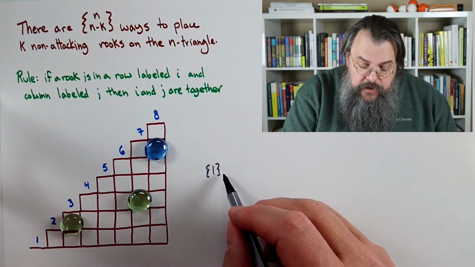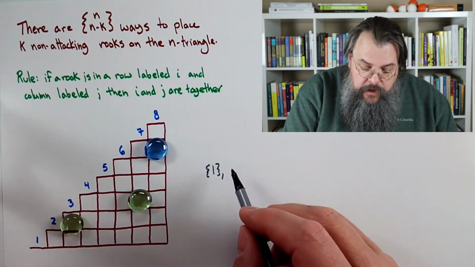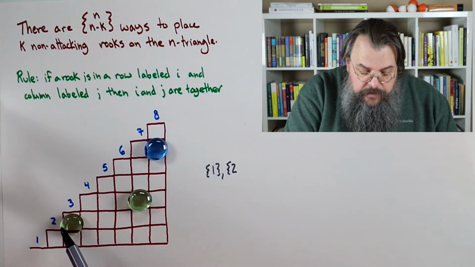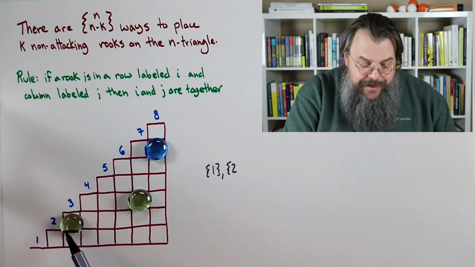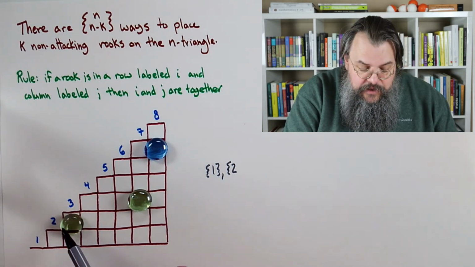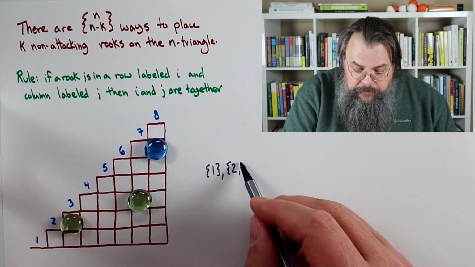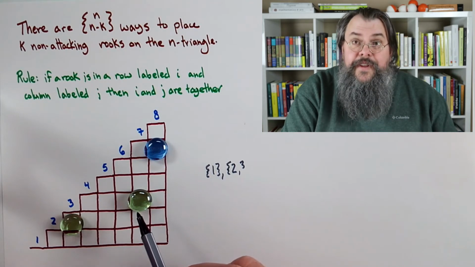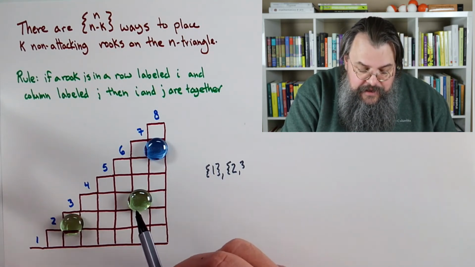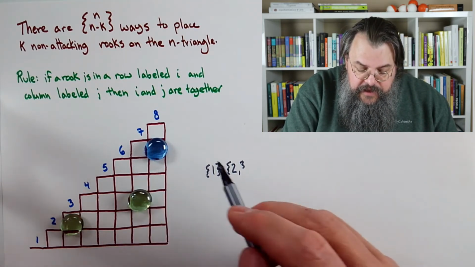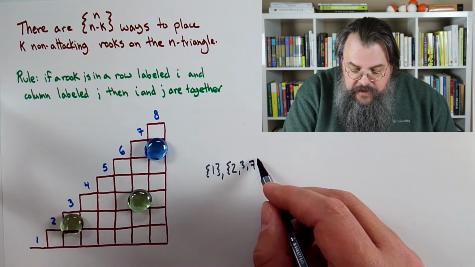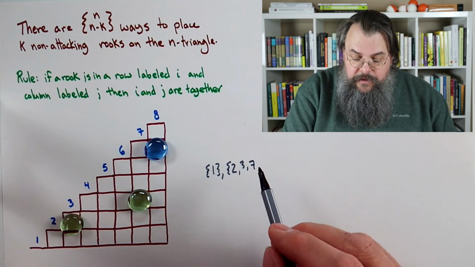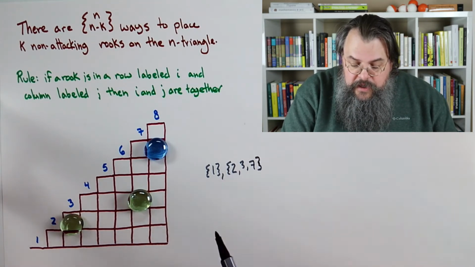Now we go to the next one. We haven't seen 2 yet, so we'll start at 2. We come along, up. If you hit a rook, go up, and it says, look, 2 should be with 3. So we'll put 3 in. Now we start going across. 3, we see something, so 3 should be with 7. Now starting at 7, we exit. So we're done. 1, 2, 3, 7.